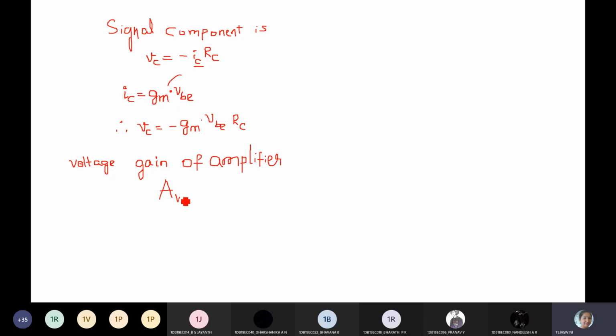Notation AV. Gain is always noted as A, so voltage gain means AV.